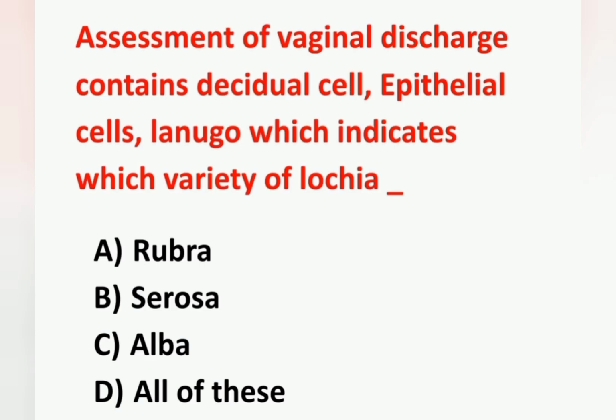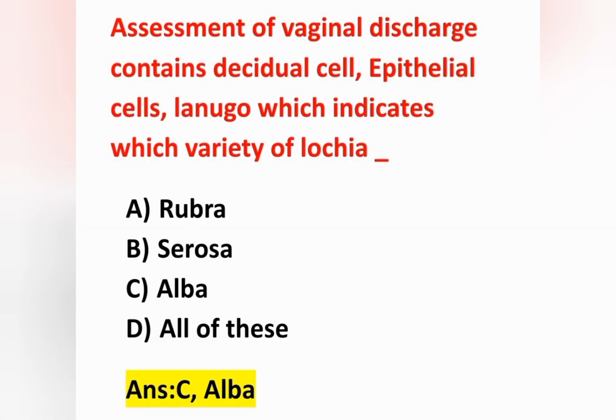The next question, assessment of vaginal discharge containing decidual cells, epithelial cells, and lanugo indicates which variety of lochia? Option A, rubra; option B, serosa; option C, alba; and option D, all of this. Vaginal discharge after delivery is known as lochia.